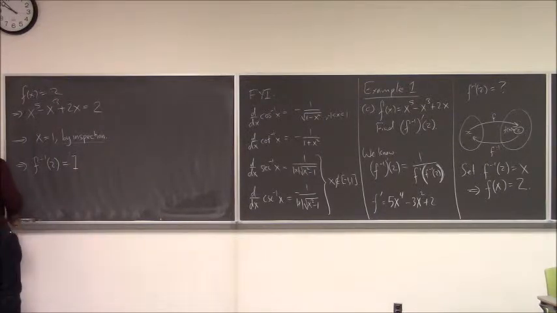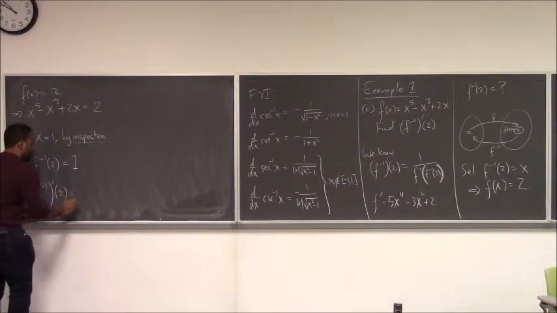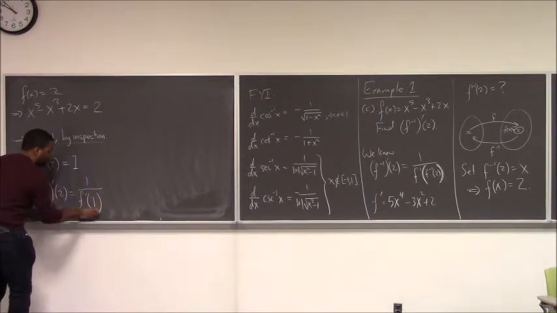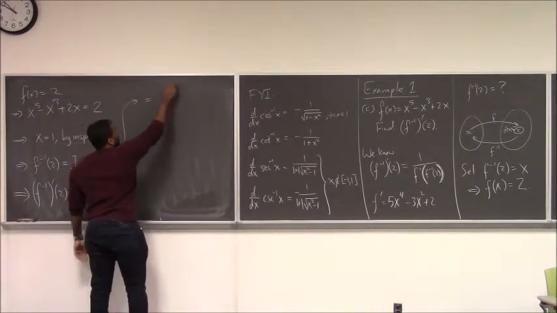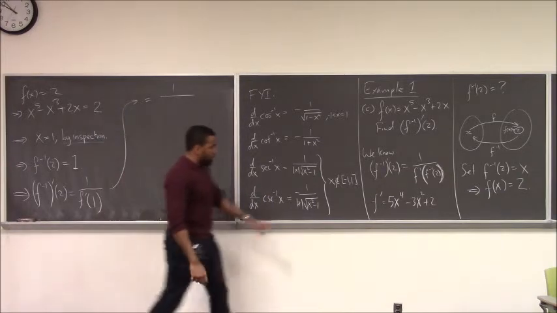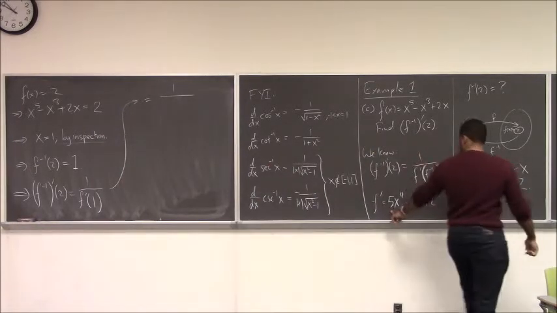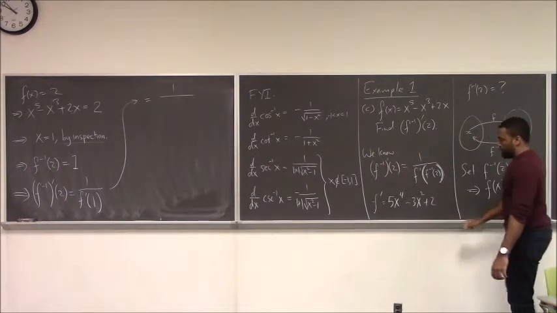So ultimately what this gives us is that the derivative of the inverse at 2 is going to be 1 over f prime of the number 1. Now f prime we found is this expression, so all we have to do is plug in x equals 1.